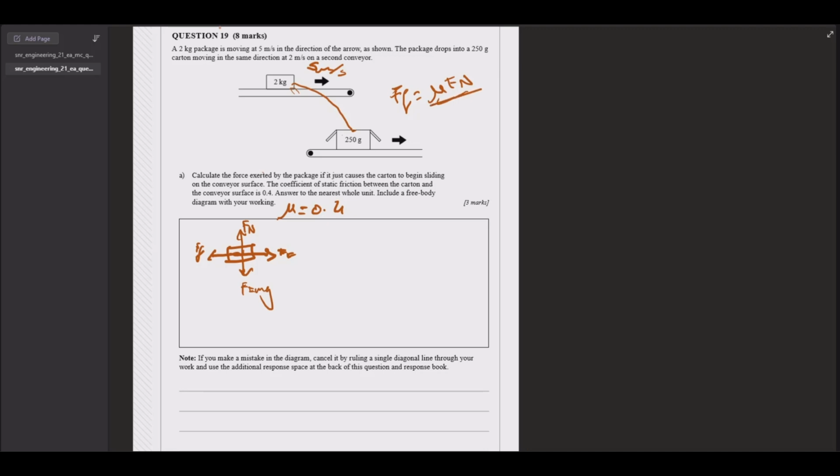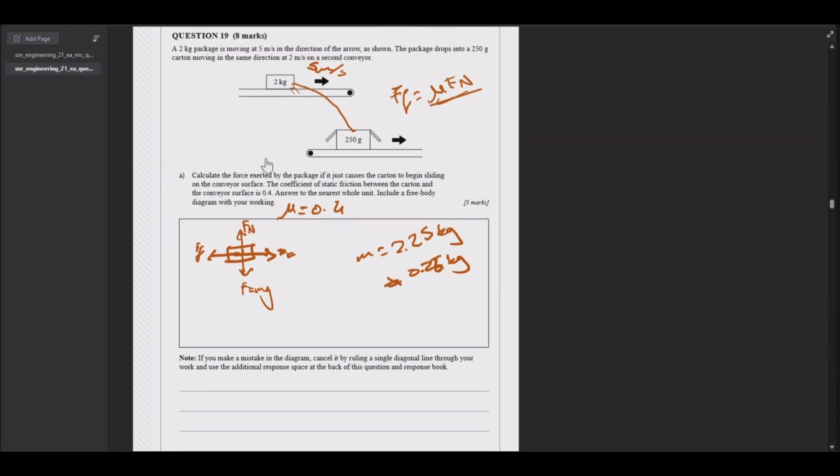So correct me if I'm wrong, but mass should be 2.25 kilograms, not 0.25. Maybe I just don't understand what... No, I'm pretty sure I do.